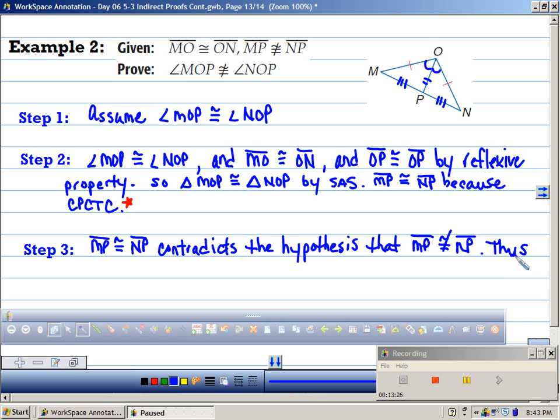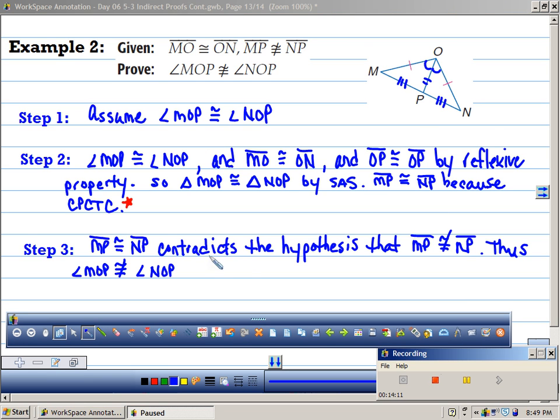Thus, because we proved with the statement here that MP would have to be congruent with NP, since that contradicts our hypothesis, then we can say, in fact, that angle MOP could not possibly be congruent to angle NOP, because you would need MOP and NOP to be congruent in order to say that side, angle, side.